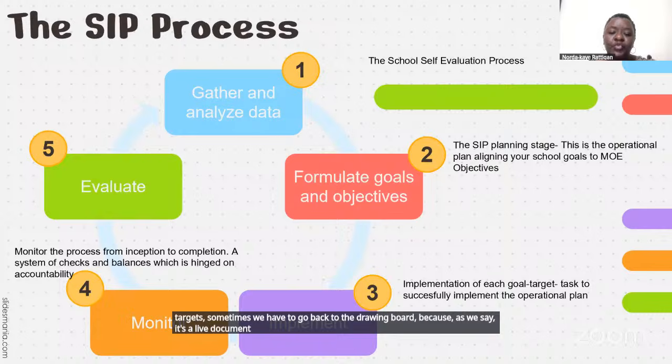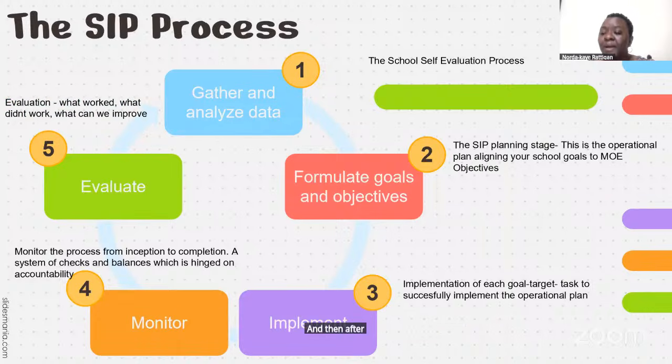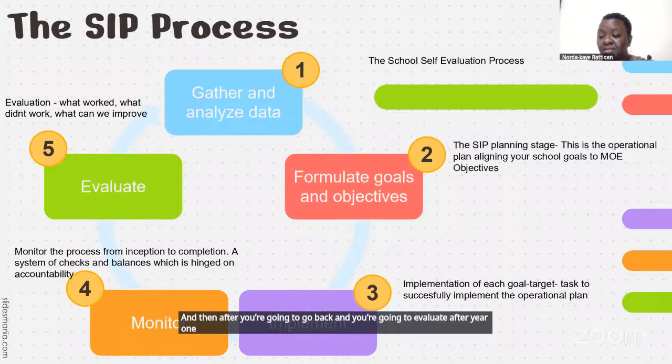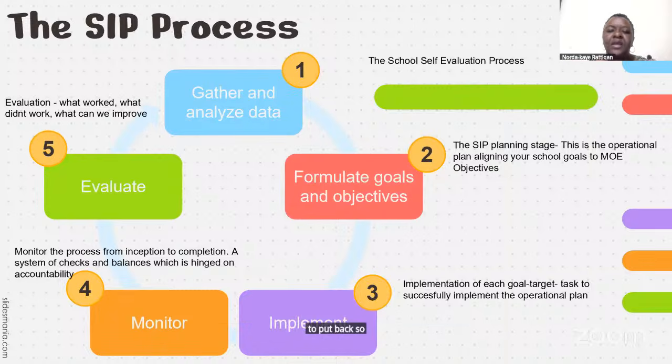Sometimes you need to pull and fix to get it to work the way that you want it to work. Then you go back and evaluate after year one. You evaluate again to see if you have met any of the targets you set out in year one of this SIP, and what you need to revisit, so that at the end of the 3 years, it looks like you have made some gain in your plan.